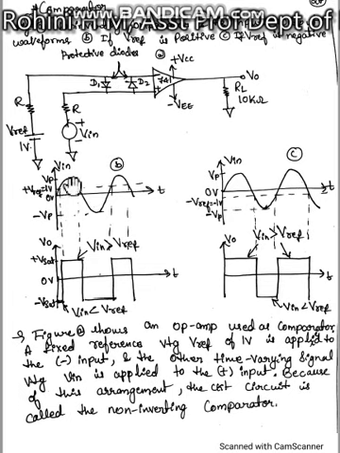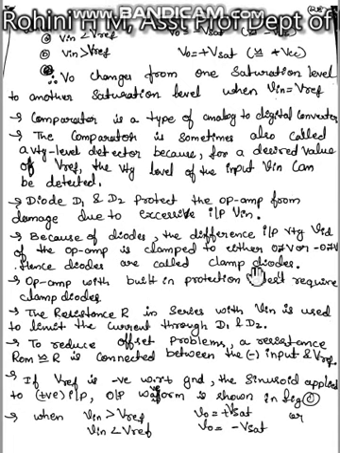In this example, the V reference value is positive. When the V reference value is taken as negative, this is the output waveform drawn here, that is the comparator output. If Vin is less than V reference, then Vout is equal to minus Vsat, or almost equal to minus VEE.